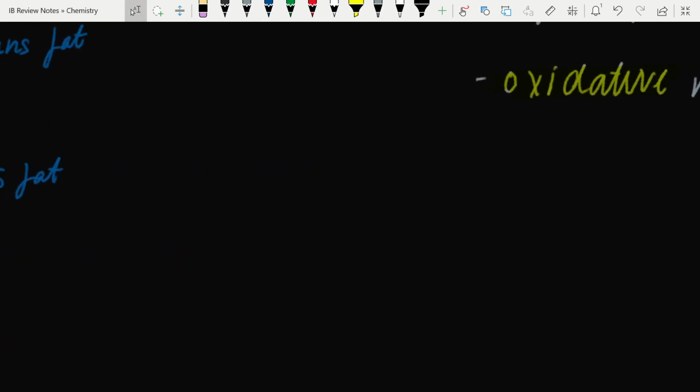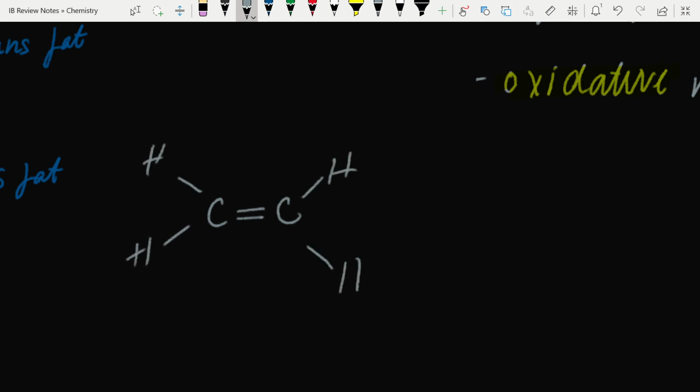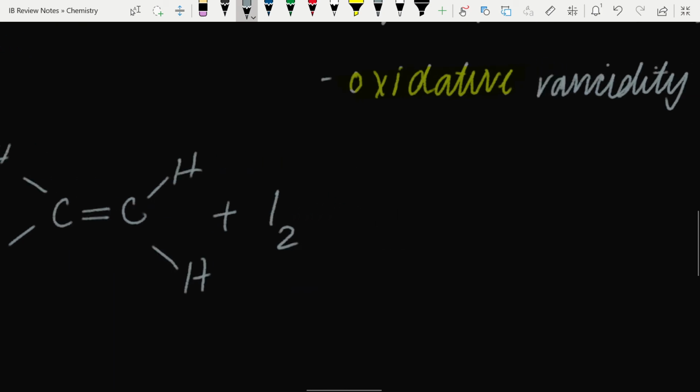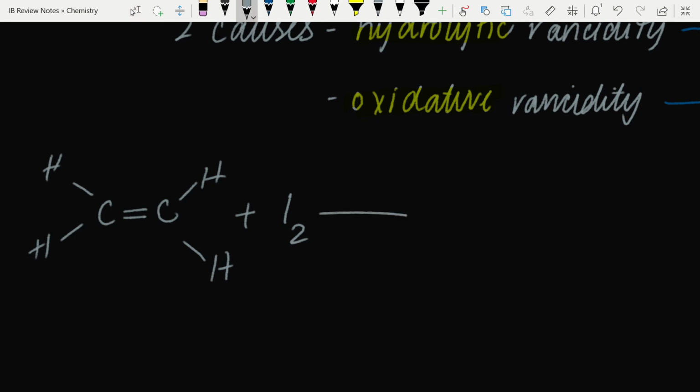We have a C here, double bonded C, H, H, H, and H. So we can use an addition reaction. You add iodine, and then you get your iodine.